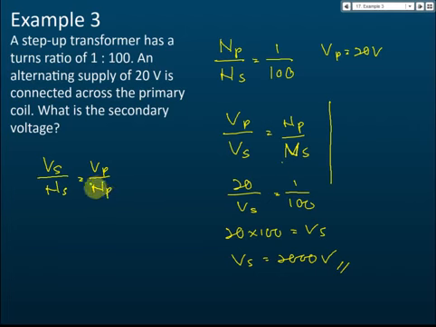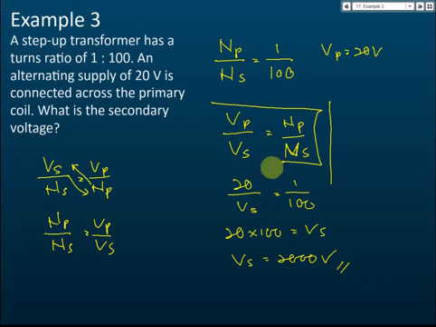Multiply Np to the left hand side and Vs to the right hand side, then we have Np over Ns equal to Vp over Vs. That's how we get this. After that, we substitute Vp equal 20, and the ratio Np over Ns is 1 to 100. Solve these linear equations, then you get Vs equal to 2000 volt.